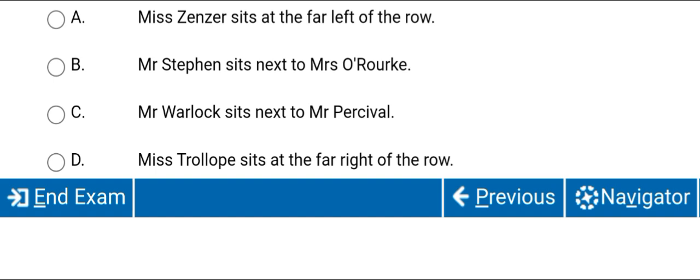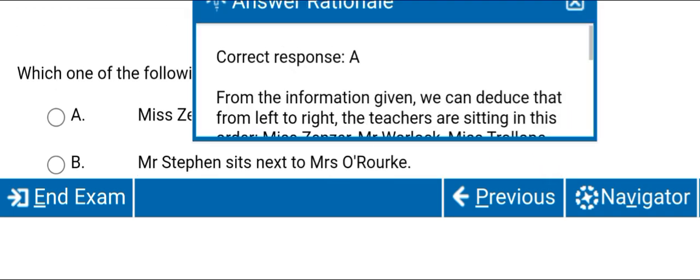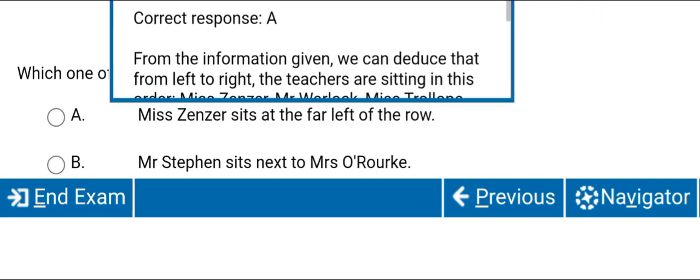Option B, Mr. Stephen sits next to Mrs. O'Rourke. Option C, Mr. Warlock sits next to Mr. Percival. Option D, Miss Trollope sits at the far right of the row. We have these 4 options and we have to choose one correct statement. So the correct response is option A.